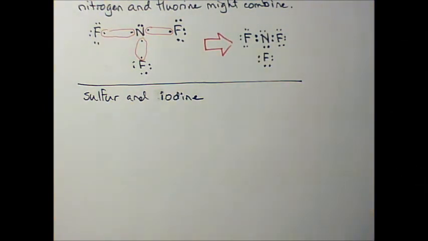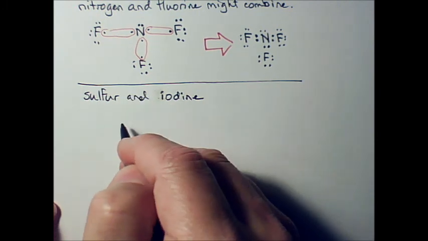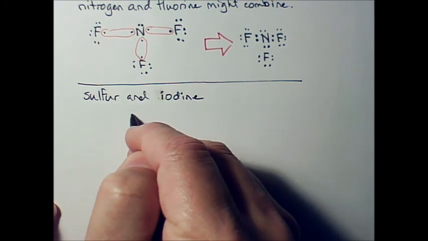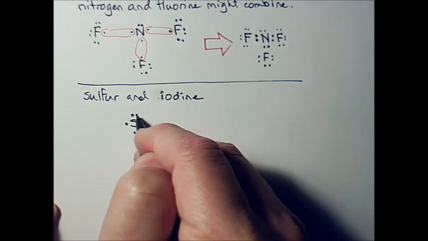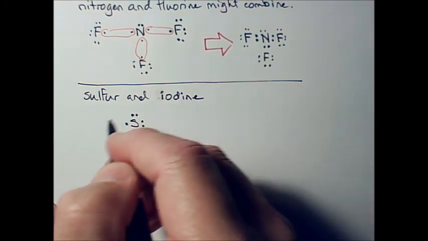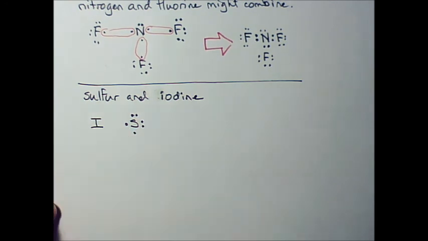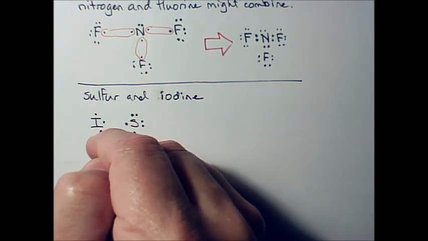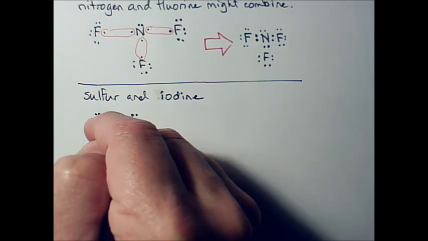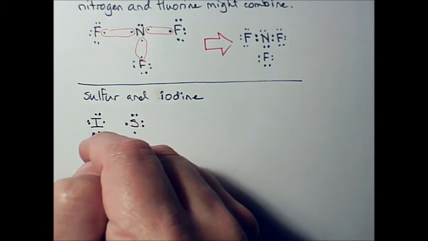Alright, sulfur has how many valence electrons? 6 valence electrons. 1, 2, 3, 4, 5, 6. How many valence electrons does iodine have? 7. 1, 2, 3, 4, 5, 6, 7.